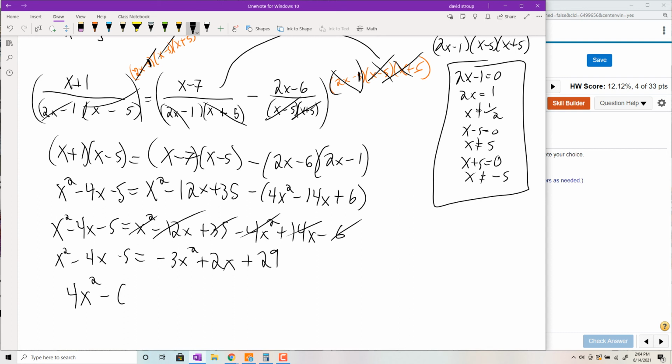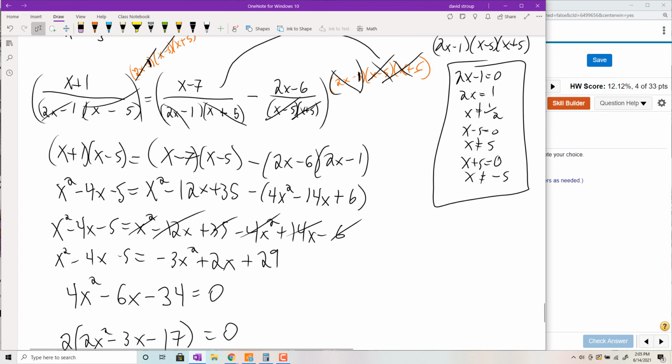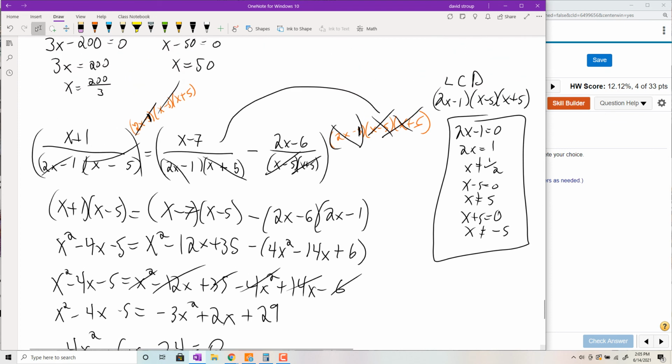Subtract 2x, you get minus 6x. Subtract 29, you get minus 34. Looks like I could factor out a 2 from all that material. So I get 2x squared minus 3x minus 17. I totally feel like I've made a mistake, right? So what happened? Did I copy it right?